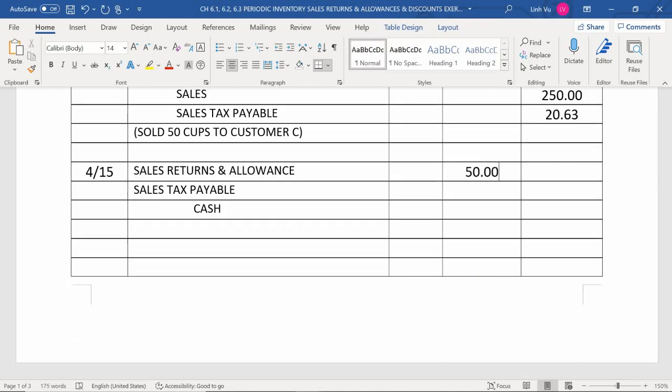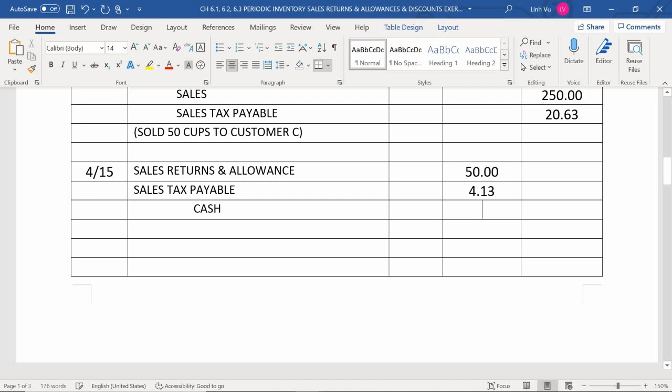Good, because we charged them tax already, we need to give them a portion of the tax money back. So how much tax are we going to give back to this customer? $4.12. I think it's 12 and a half, so 13.